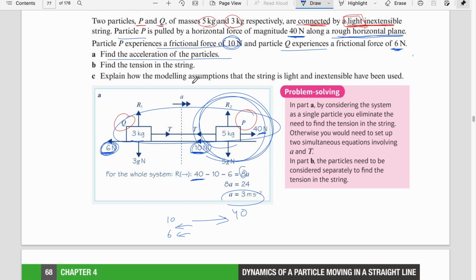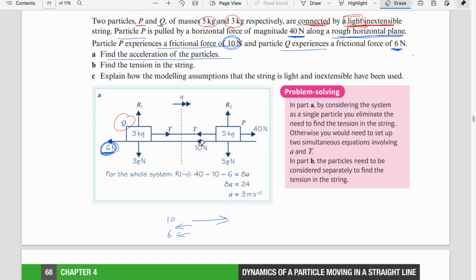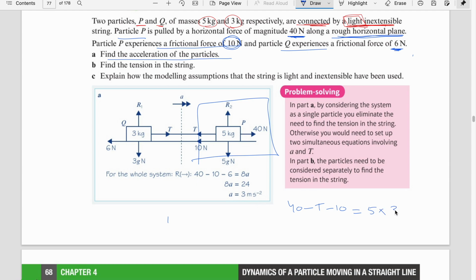Then it says find the tension in this string. Now when we have to solve for the string, you have to consider a section. If I consider this section, this square in blue, I write 40 towards right, minus tension towards left, minus 10 towards left, equals MA, that is 5 into the acceleration which we just found.